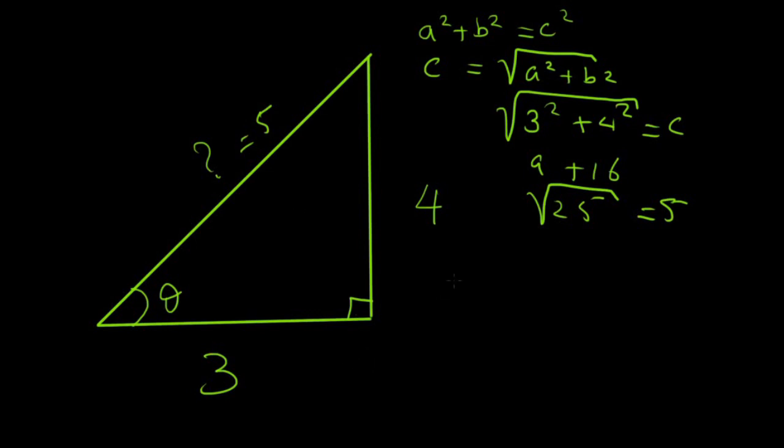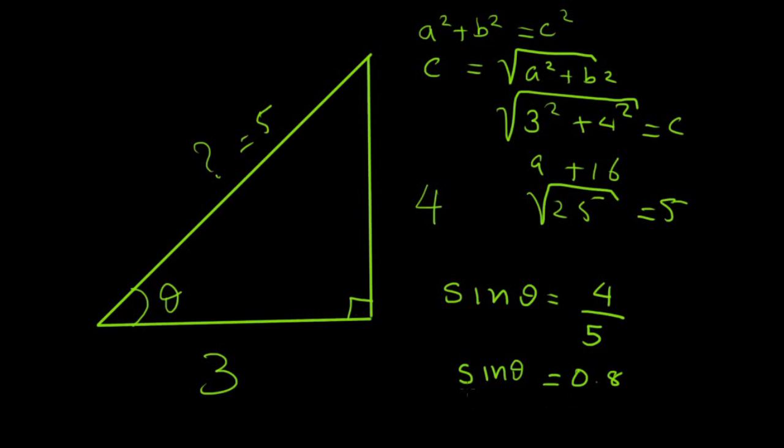So we know that sine of theta is equal to opposite divided by hypotenuse, which is 4 by 5. And what is 4 by 5? I think it is 0.8. Okay, and so sine of theta is equal to 0.8.